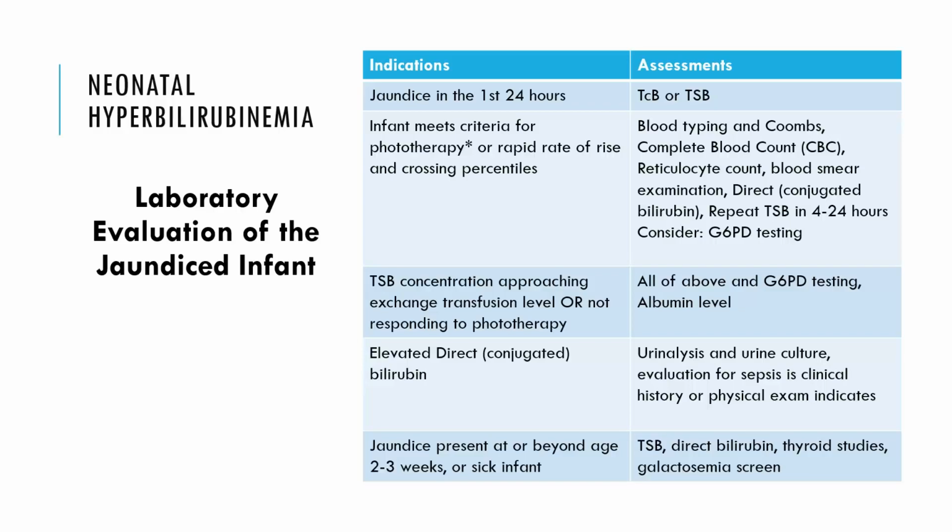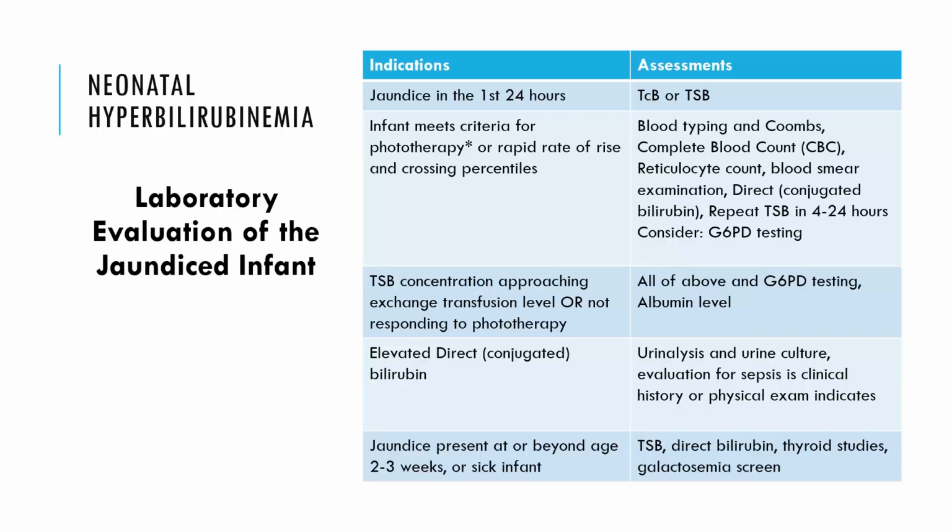If you've got an elevated direct conjugated bilirubin in the liver, we're not going to talk about this a lot, but it's mentioned a little bit here and there, because it's not super common, but we see it.